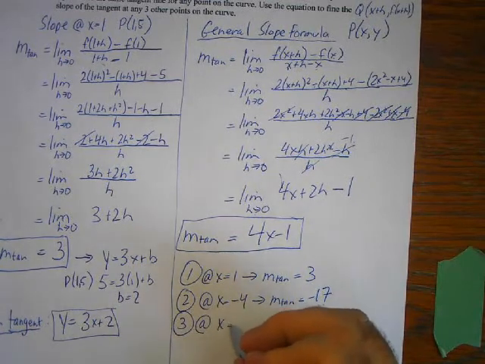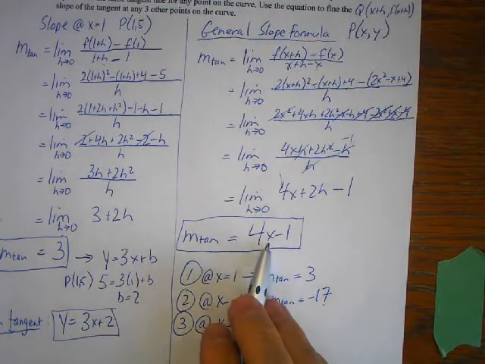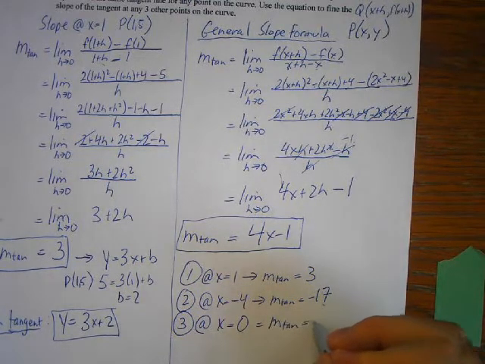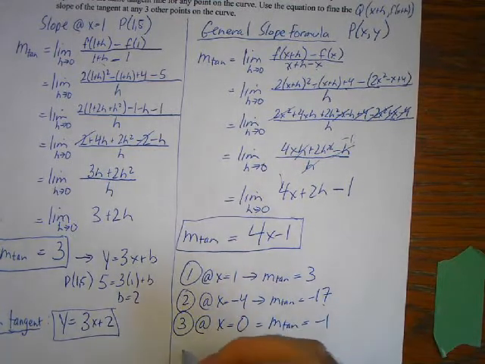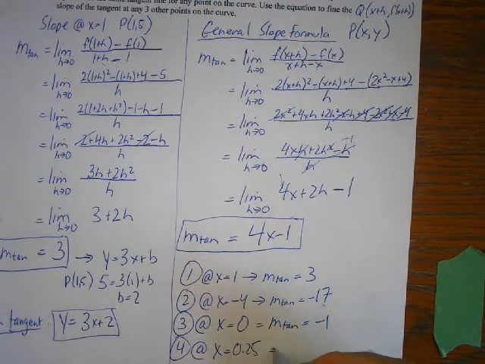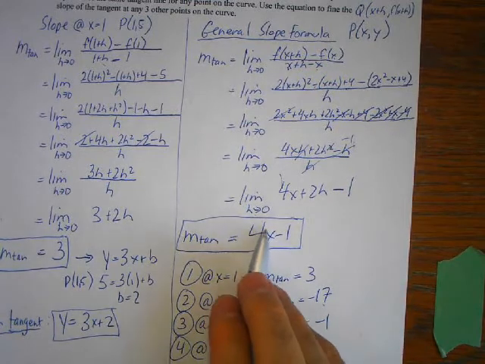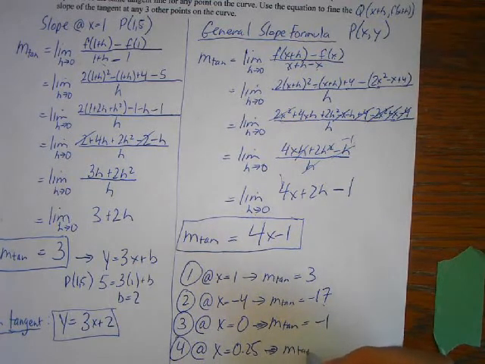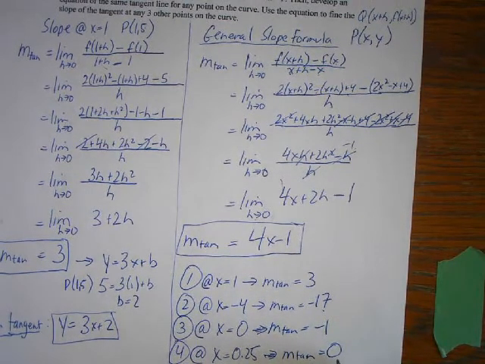So I plug x equals 0, I get 0 minus 1, which is minus 1. And one other, this isn't a random point, but you'll see why I picked it. How about 0.25? If I plug in 0.25, I get 1 minus 1. 1 minus 1 is 0, so the slope is 0. Now slope of 0, we're going to find out later on, that's going to be a local min or local max, because that's where the curve is changing direction.